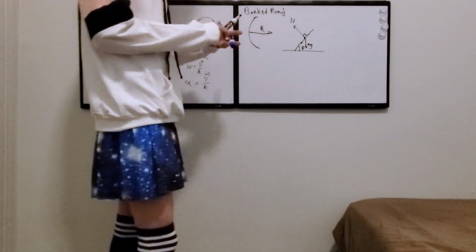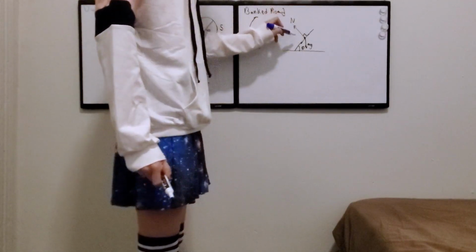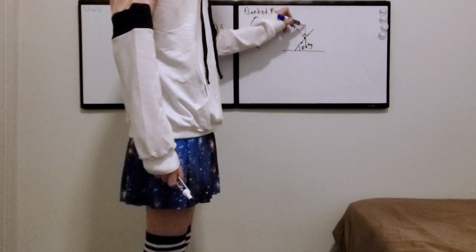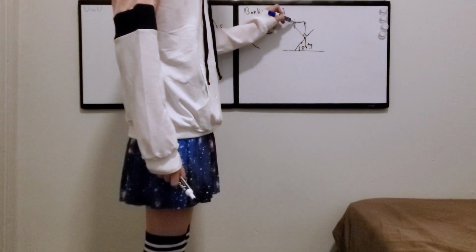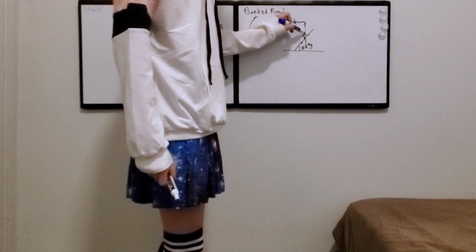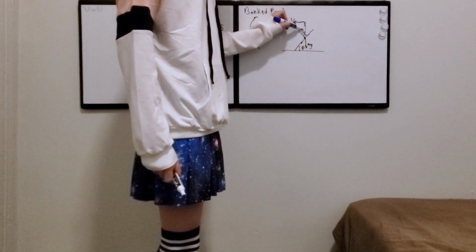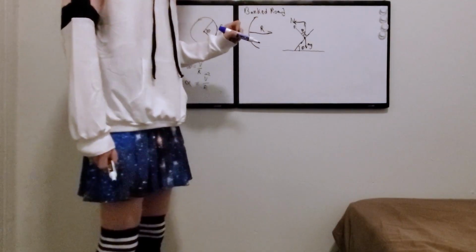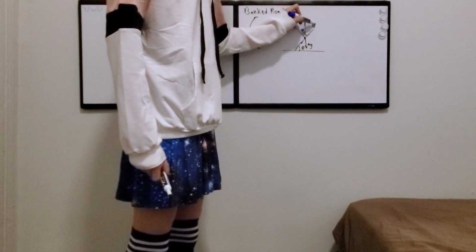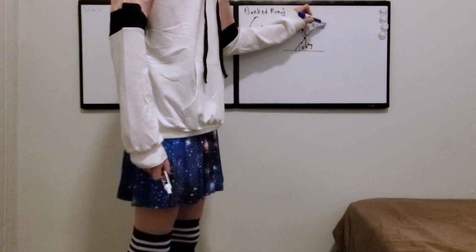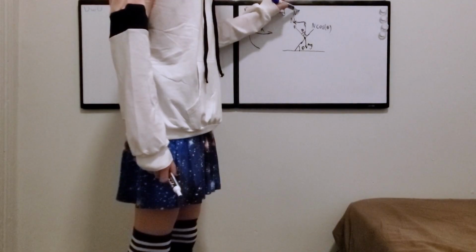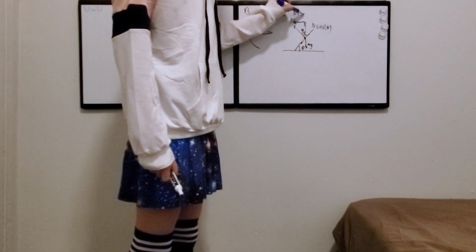All right, so we have our components of the normal force here. There's the vertical component, and then the horizontal component. Because of how similar triangles work, we know that this angle here is going to be equal to theta. And so this vertical component is going to be equal to the normal force times cosine of theta. And then this horizontal one is going to be the normal force times sine of theta.